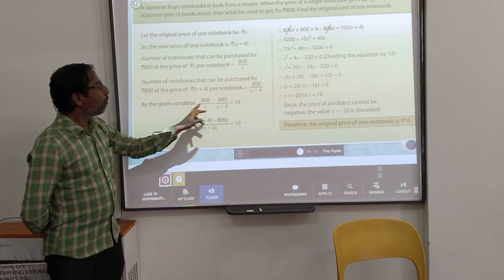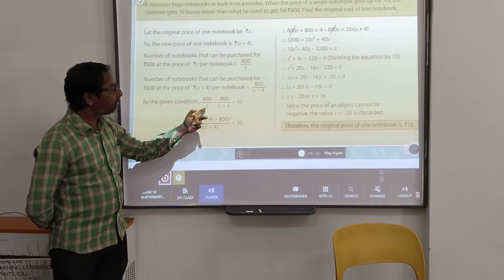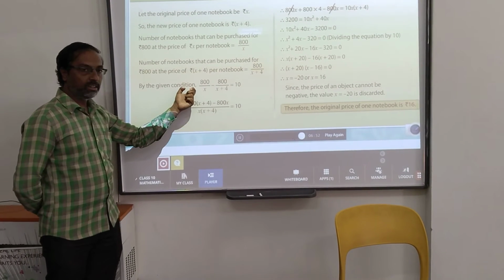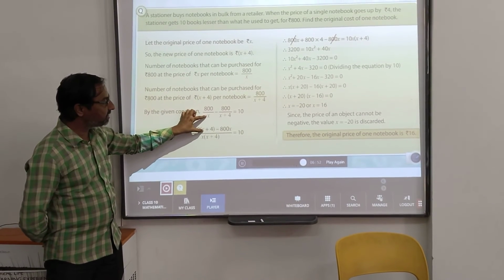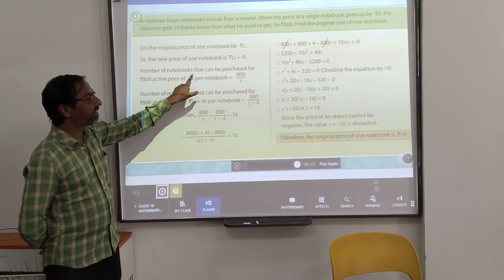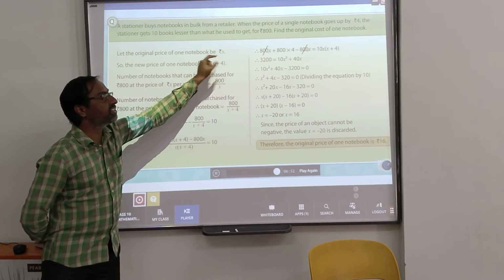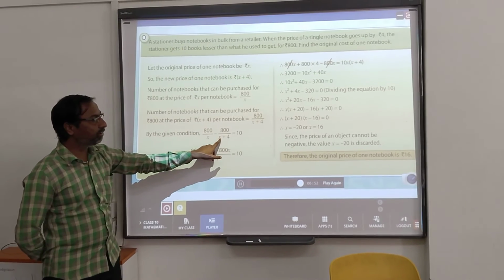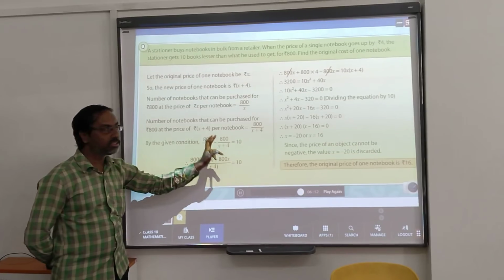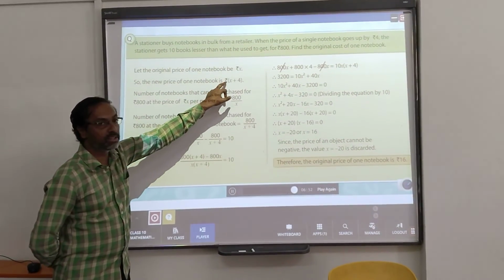And now why have we taken 800 by x minus 800 by x plus 4 is equal to 10? Because 800 by x is the number of notebooks purchased when the cost of the book is x rupees, and 800 divided by x plus 4 is the number of books purchased when the cost of the book is x plus 4.